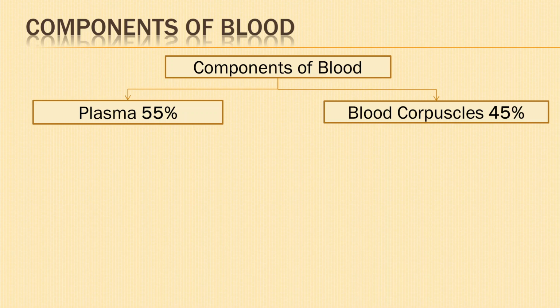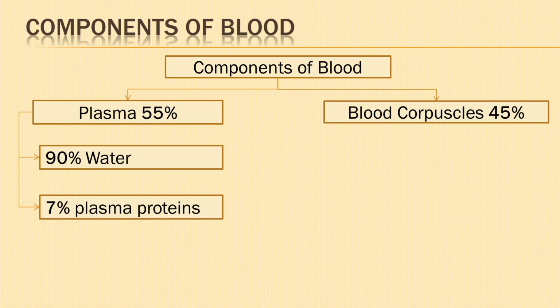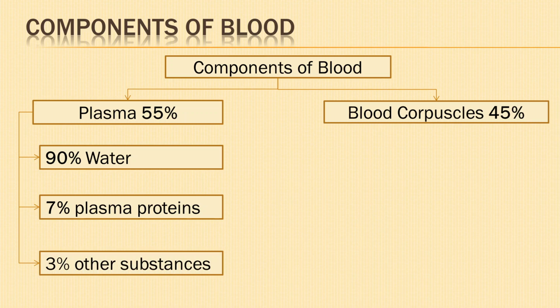Plasma is a non-living fluid consisting of 90% water, 7% plasma proteins like albumin, serum globulin, fibrinogen, prothrombin, 3% other substances like food material, dissolved gases, cholesterol, etc.